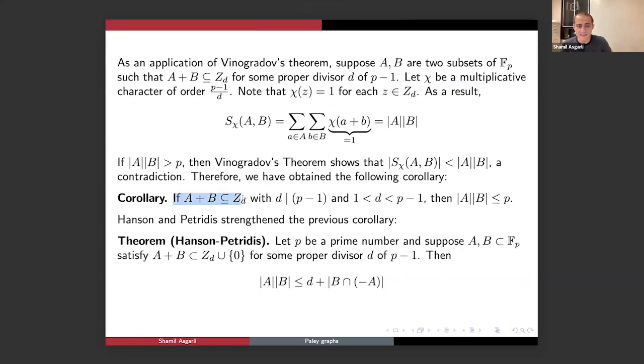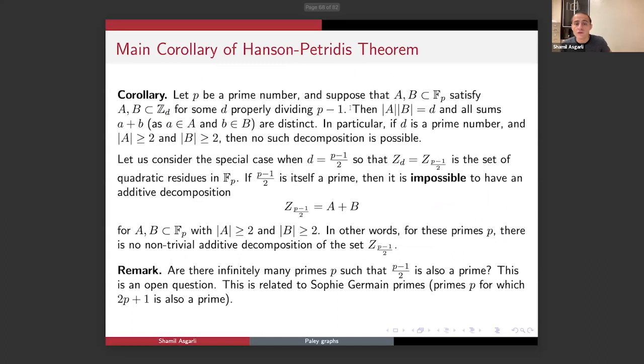This is the condition that I'm looking at: Z_D, the group of Dth roots of unity, contains a non-trivial additive decomposition for some proper divisor of P minus 1. They showed that in that case, the size of A times B is D. And in fact, all sums A plus B are distinct. This is the corollary of the previous result.